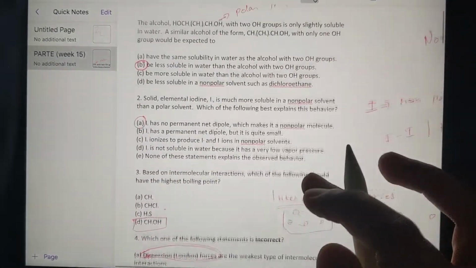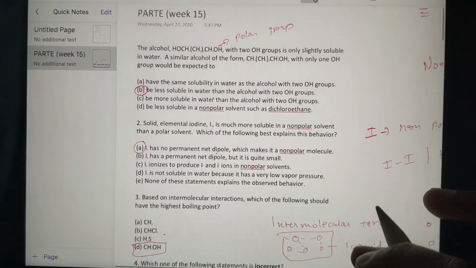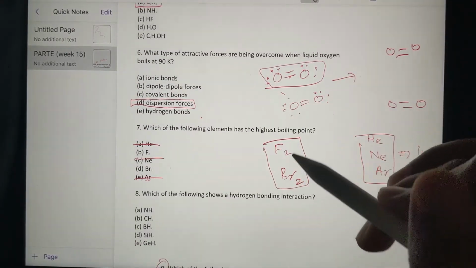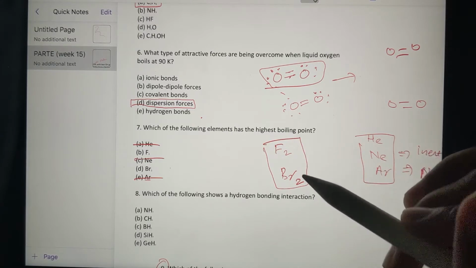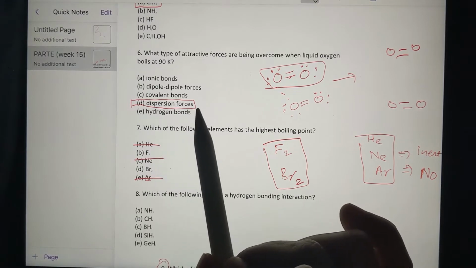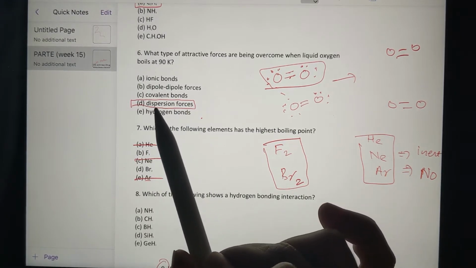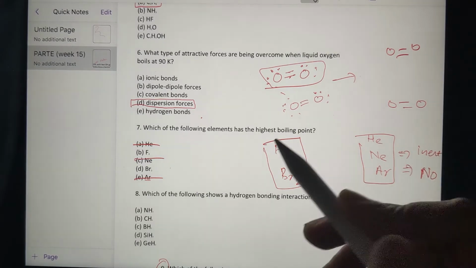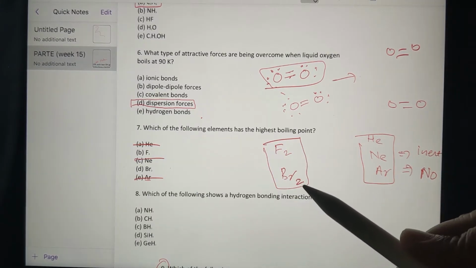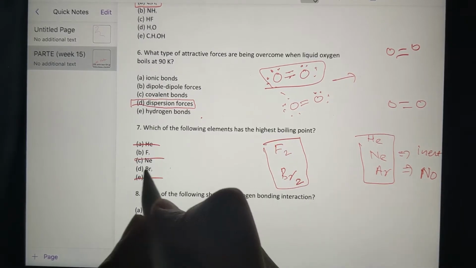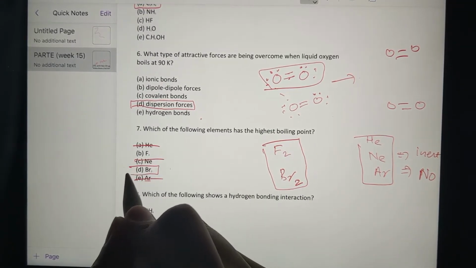Just like oxygen, these two are also nonpolar molecules, and the only kind of intermolecular interaction you have is dispersion forces. I said that dispersion forces tend to increase when you increase the molecular weight. So between fluorine and bromine, the bromine has high molecular weight compared to fluorine. So this will be your correct answer.